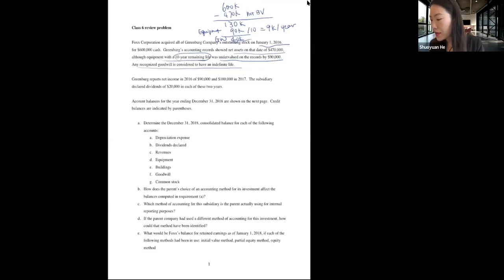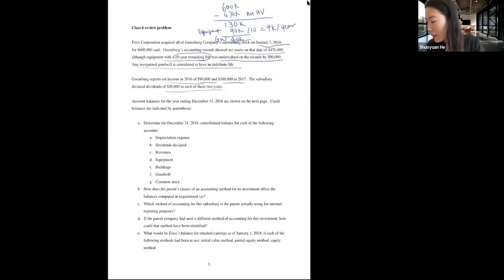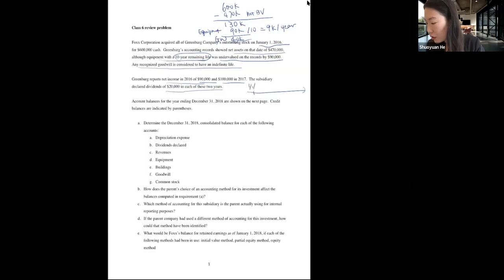Greenberg reports net income in 2016 of 90,000, and in 2017 of 100,000. The subsidiary declares a dividend of 20,000 in each of the 2 years. So the acquisition happened at the beginning of 2016, and then 2016, 2017.